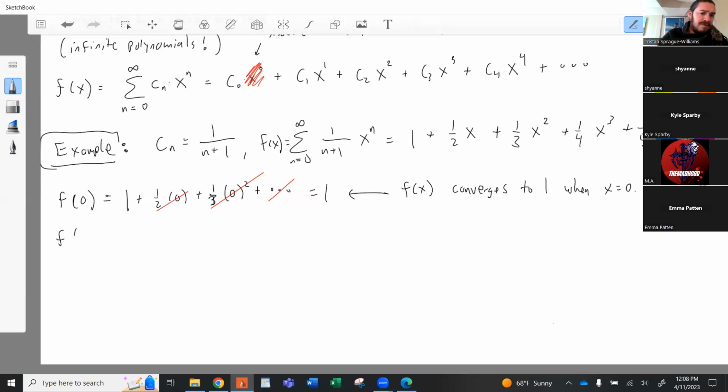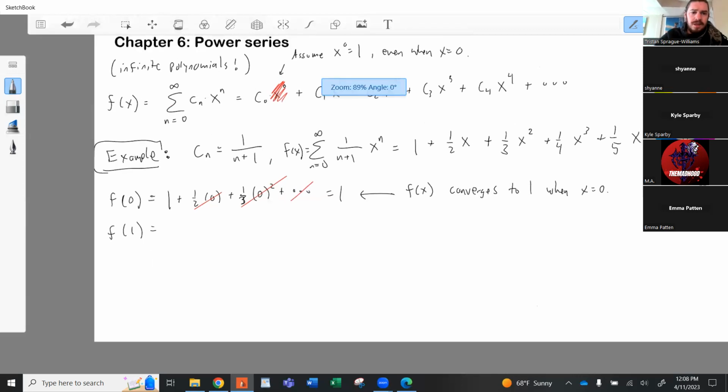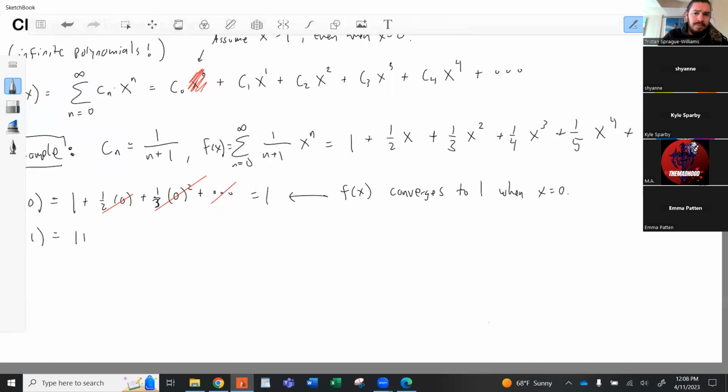Let's look at f of 1. If I plug in 1, then I'm going to have 1 plus a half times 1 plus a third times 1 squared plus a fourth times 1 cubed. All of these powers of 1 are equal to 1.